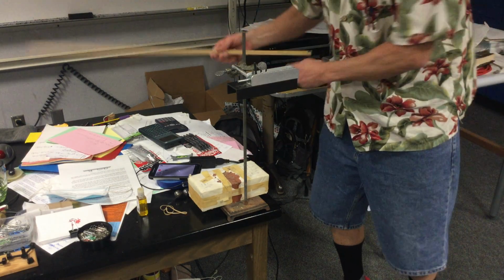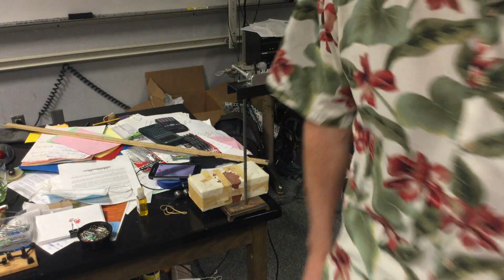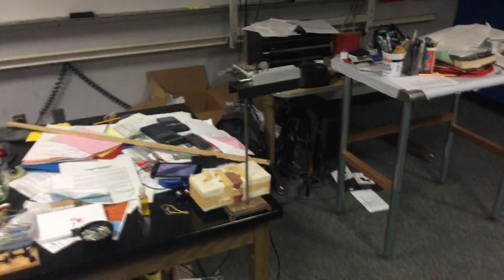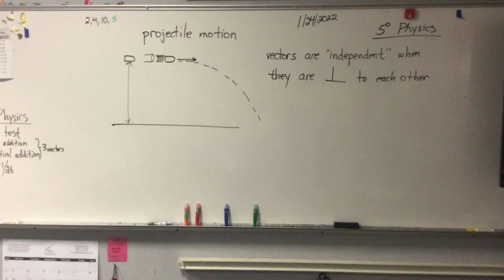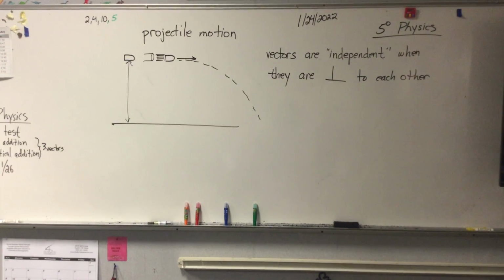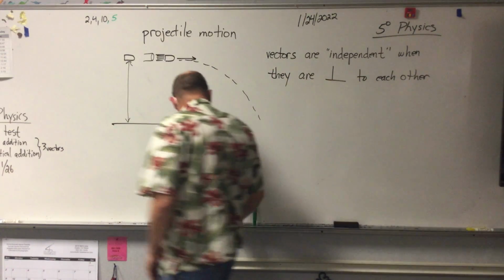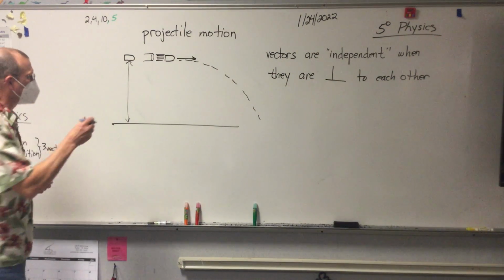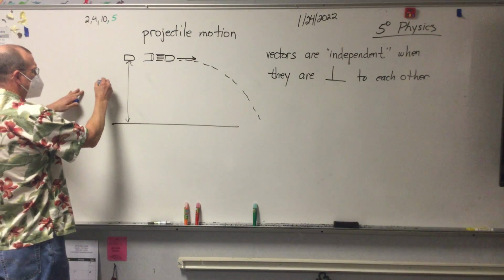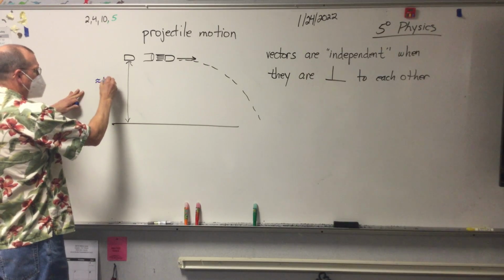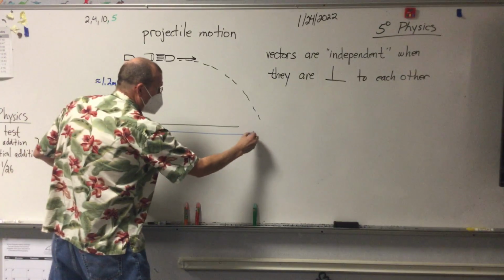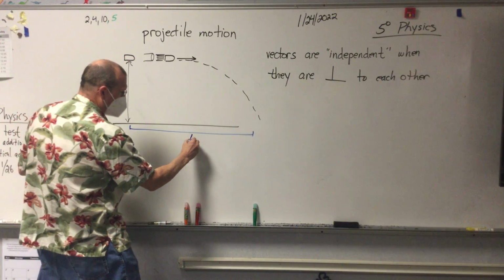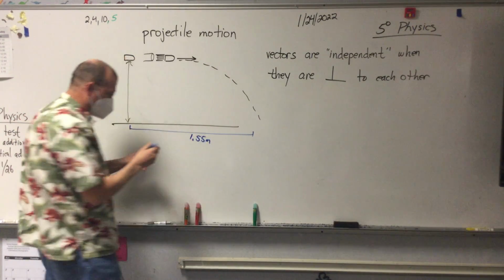So this is where we're getting crazy again for people on the video. For the actual numbers, I'm not being exact, I'm just eyeballing. What do we say this was? About 1.2 meters. And this one that hit the ground went about 1.55 meters.